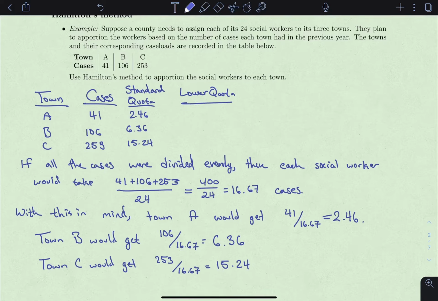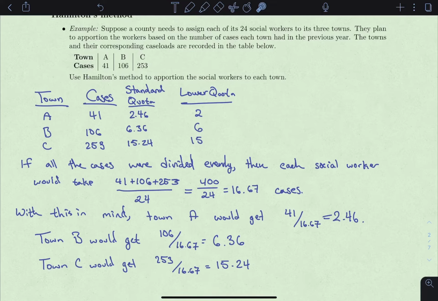So the lower quota just means round all of those numbers in the standard quota column down. With conventional rounding, all of these numbers would round down anyway, but in the lower quota, you're just writing out what's called the integer part. So what's the whole number? You just forget about the fractions for a moment.